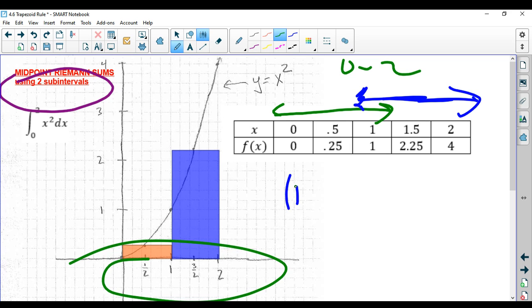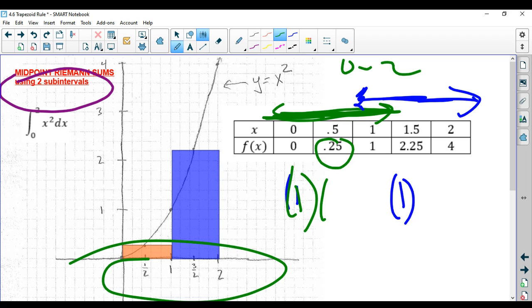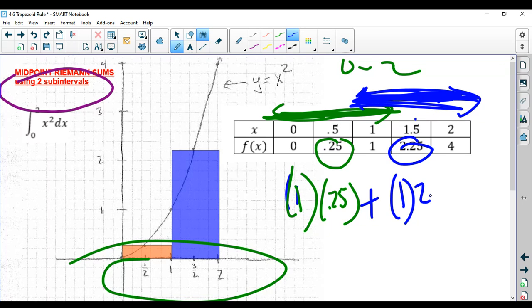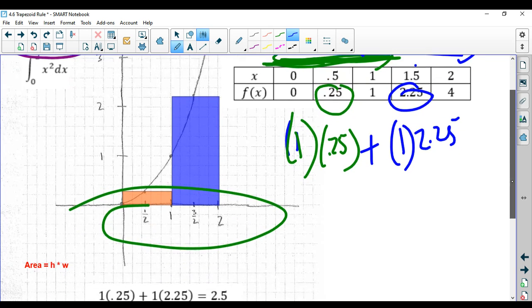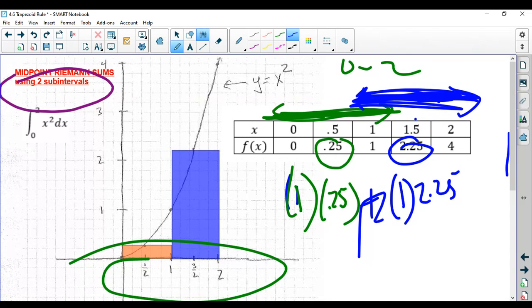I'm going to do the first one in green, 1. And the width of the second one is also 1. But the height of the first interval should be based off the midpoint, which is there. 0.25 is the middle value. And then the second one, the width is still 1. The height should be based off the middle of the interval. Value is 2.25. You can see the answer is 0.25 plus 2.25, which is 2.5.